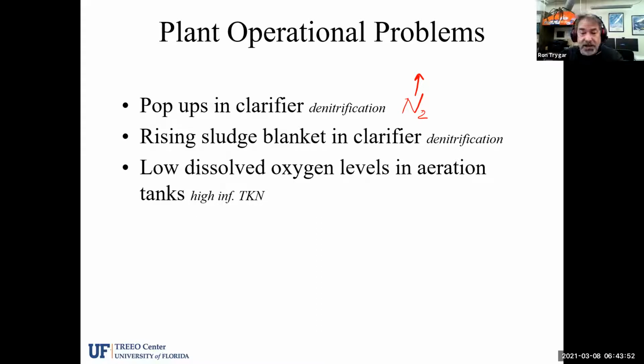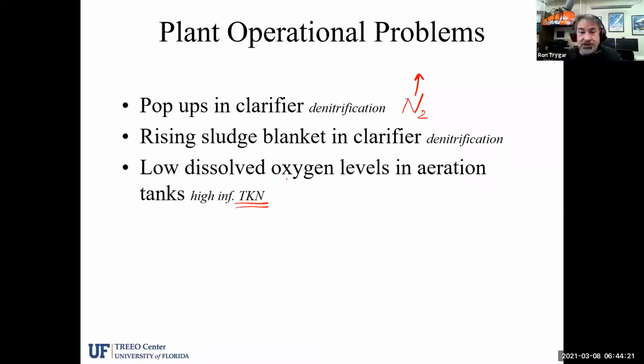The demand on oxygen comes from these bacteria using oxygen while they oxidize carbon from carbonate into energy for the bacteria to grow, and they're going to use the ammonia as an energy source. So they place a demand on oxygen in our treatment plant. So it's tough to maintain dissolved oxygen at certain times of the day because of things like high TKN in the influent.